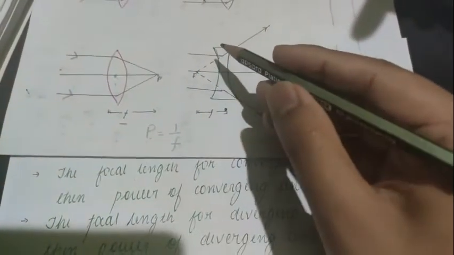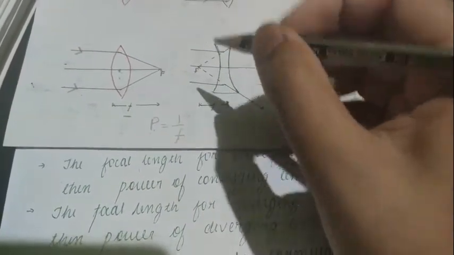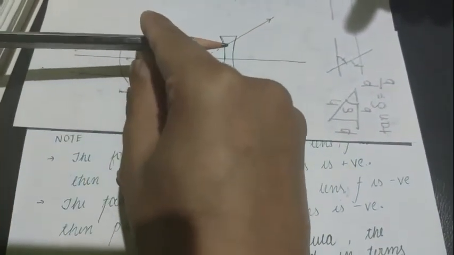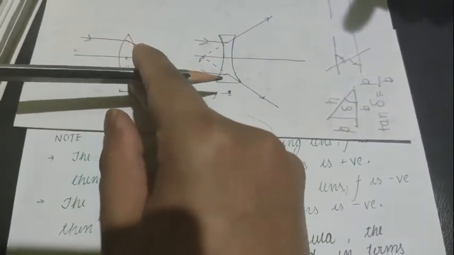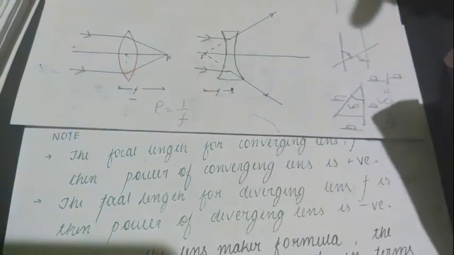Next, the focal length for a diverging lens, that means your small f is negative. Your diverging lens means your concave lens. Okay, now in case of a concave lens, what happens? You have light incident from left to right direction, moving parallel to the principal axis.